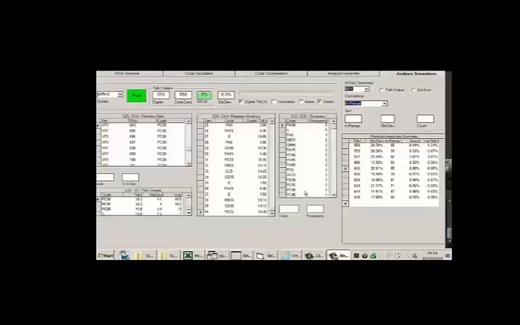We'll now run the same 10 analyses by using the digital TMU values instead of the data card TMU values. So here we go.